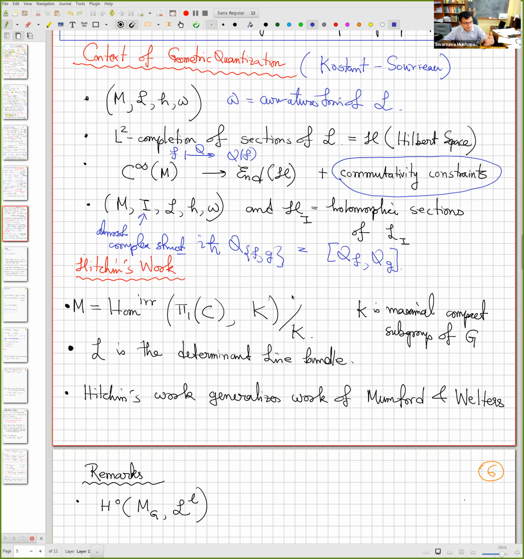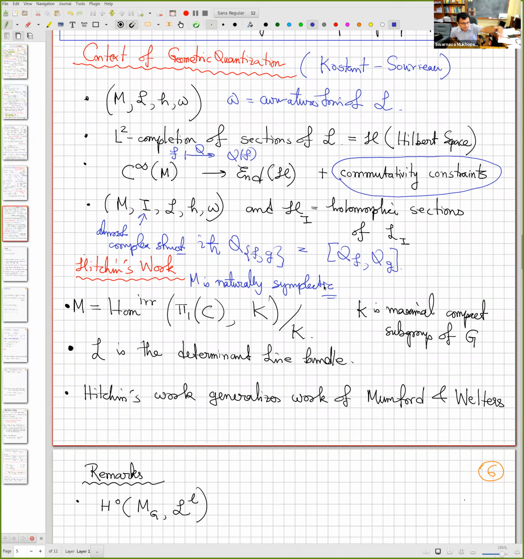But it turns out that M has a natural symplectic structure, due to the work of Atiyah-Bott-Goldman, the Narasimhan symplectic form. So M is naturally symplectic. However, C has a complex structure.